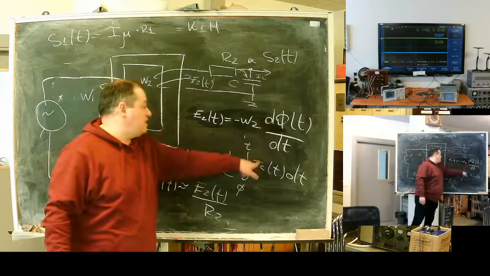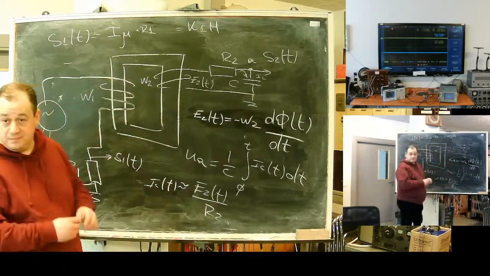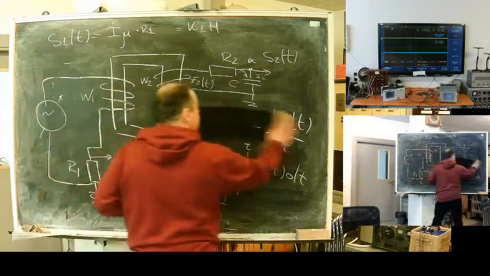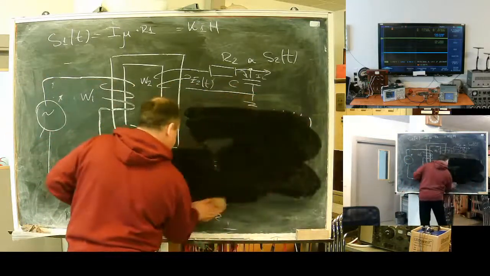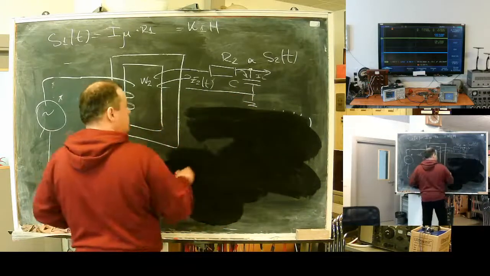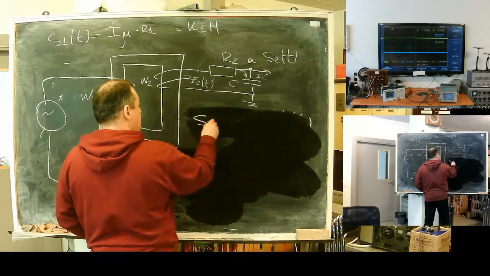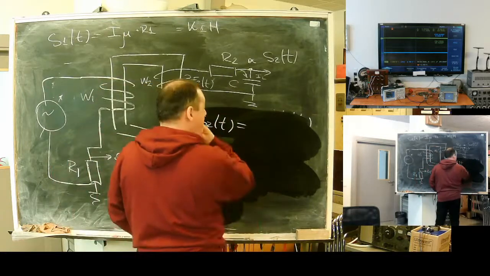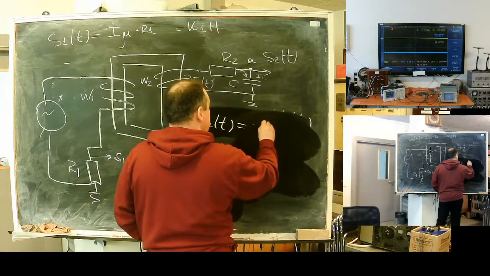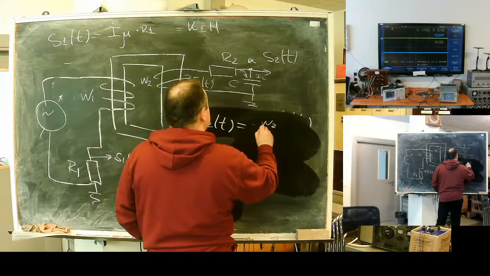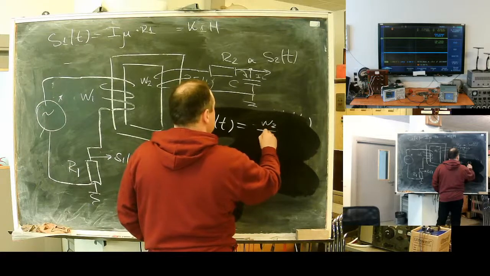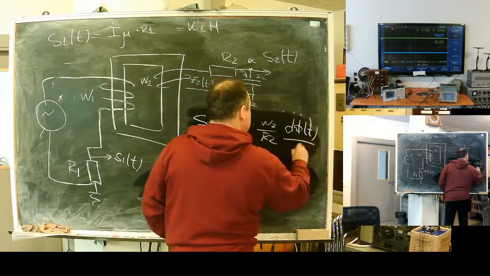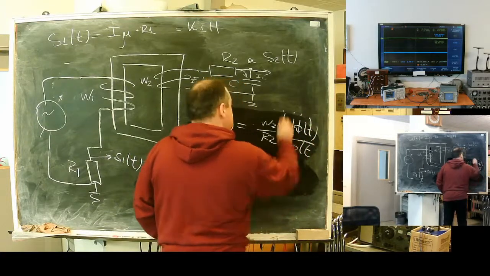So integrating the derivative, what do I get? The flux, being minus v2 divided by R2, integrated from 0 to time.